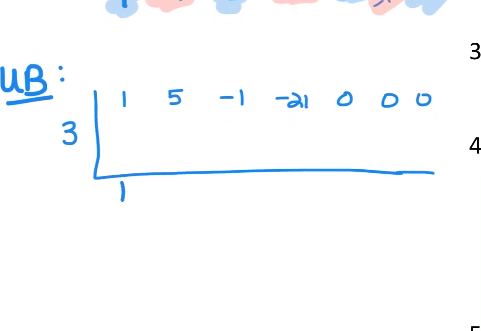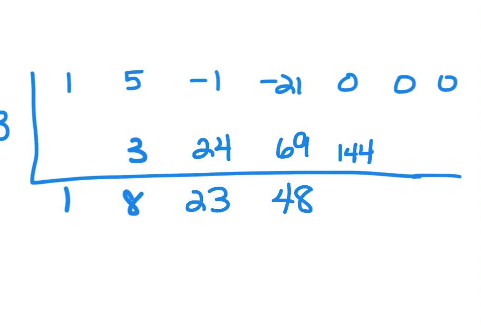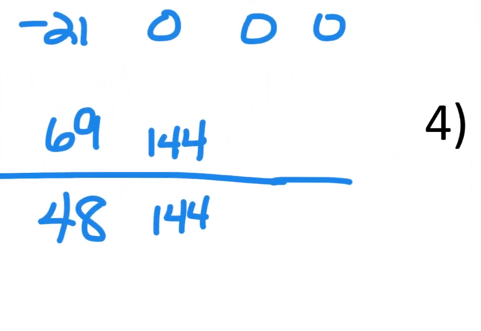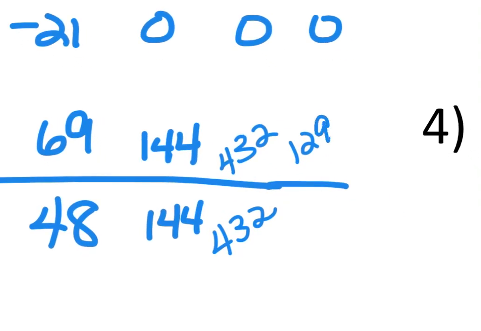And I'm going to bring down the 1 times 3 is 3, 5 and 3 is 8. 8 times 3 is 24, -1, 24 is 23, times 3 is 69, -21 and 69 is 48. 48 times 3 is 144, 0 and 144. 144 times 3 is 432, and 432 times 3 is 1,296.